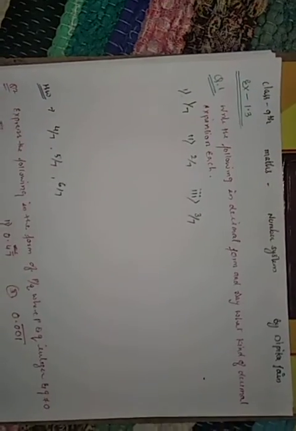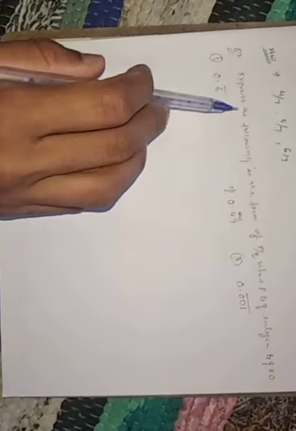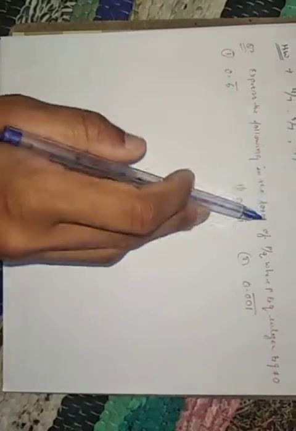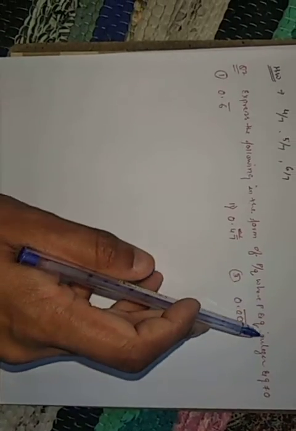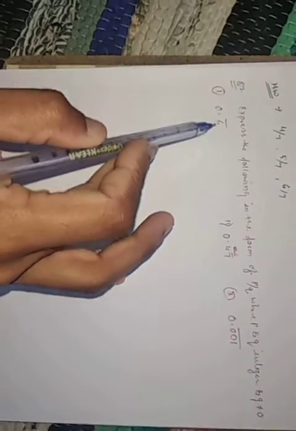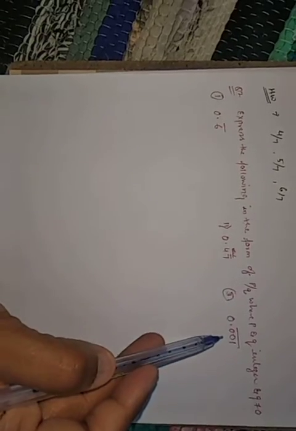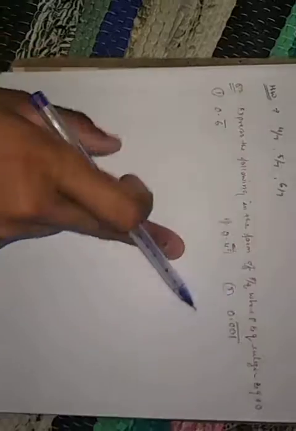I have explained it. Next, express the following in the form of P by Q, where P and Q are integers and Q does not equal 0: 0.6, 0.47 with 7 as a bar, 0.001. And this question I will solve. Try to solve these two questions. Thank you.